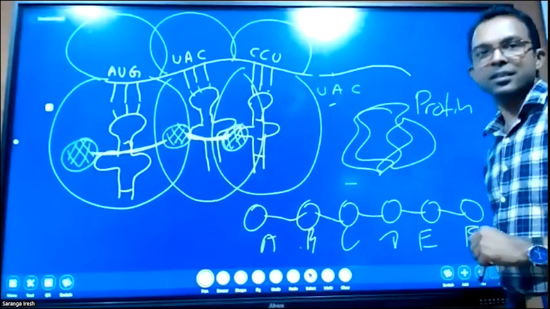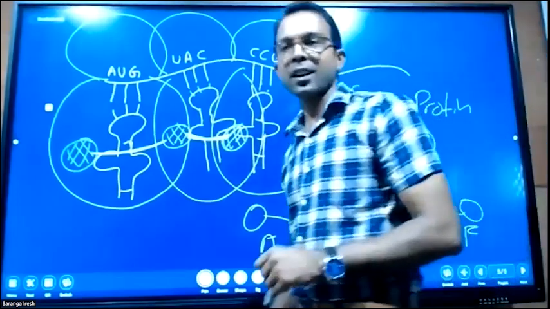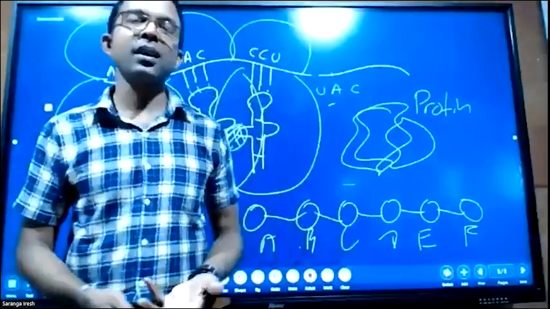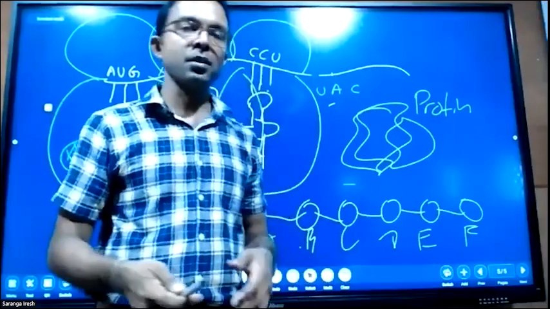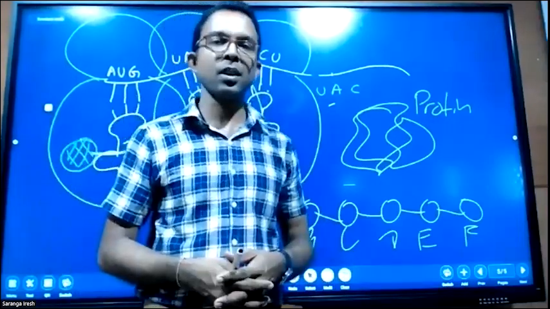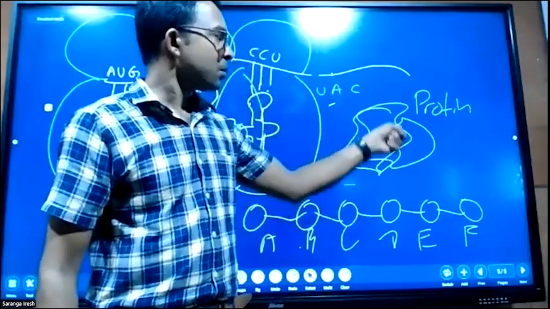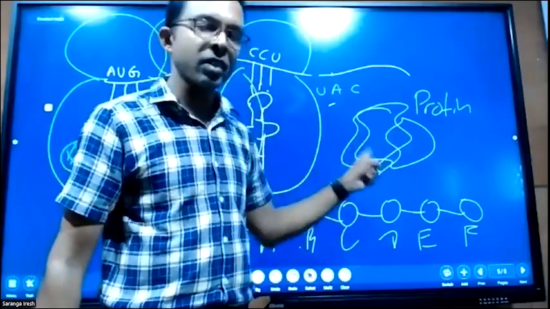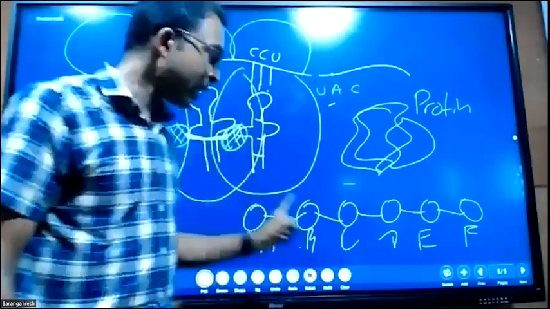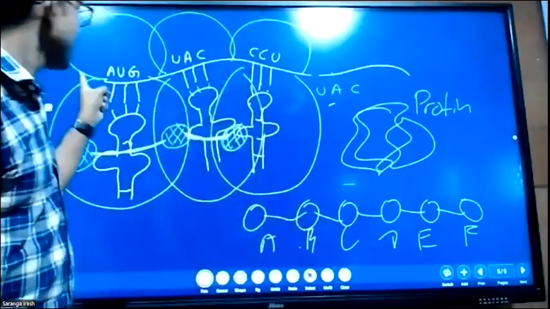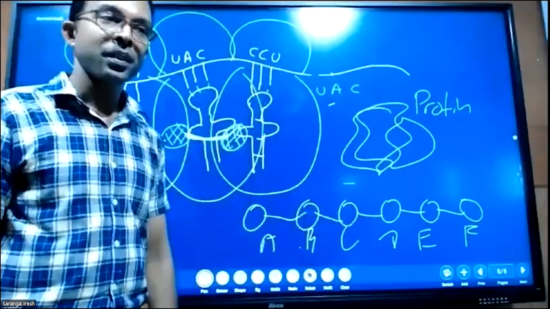Now it is the character. It may be keratin, collagen, globin, because the amino acid sequence determines the structure. The amino acid sequence is determined by the codon sequence.